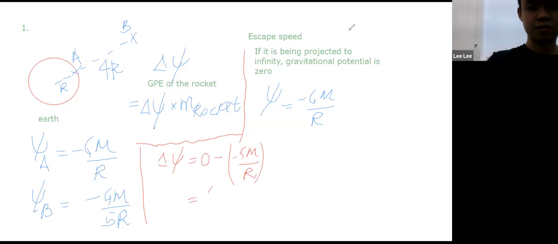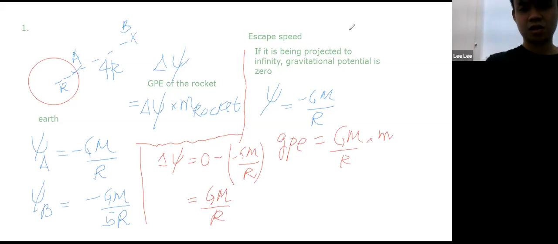So the change is GM over r. So if I find the GPE, it will be the change, which is this, multiplied with the mass of the object. That is the GPE of the object. Any questions until here?